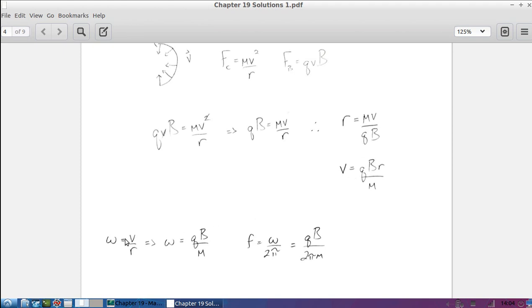I can also talk about it in terms of angular velocity. Sometimes we refer to it as angular frequency. So omega is v over r from our circular motion from 120. So v over r is actually qB over m. If I solve this for v over r, divide both sides by r, I get qB over m.